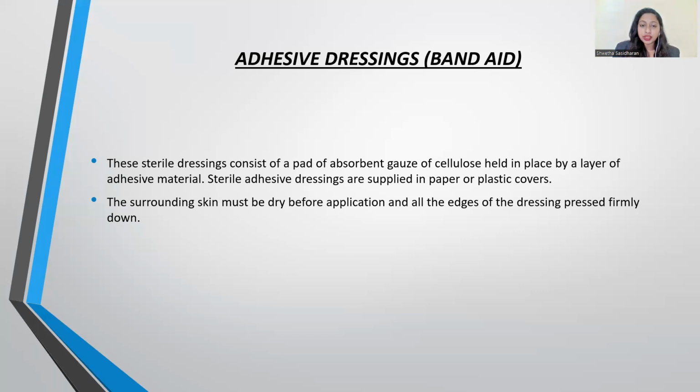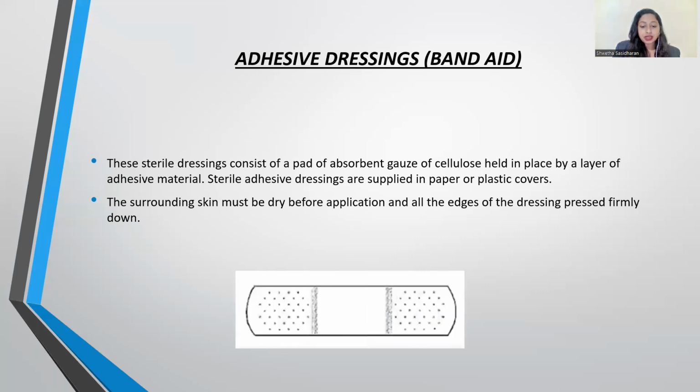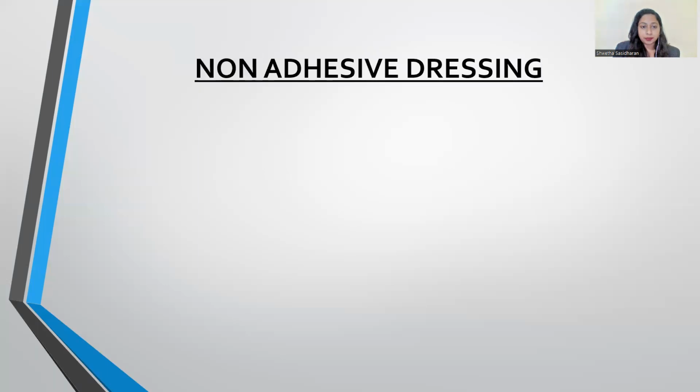So we should make sure the surrounding skin where we apply the bandage is dry. This is what a band-aid looks like, which is very common, and every one of us has used one at some time in our lifetime.